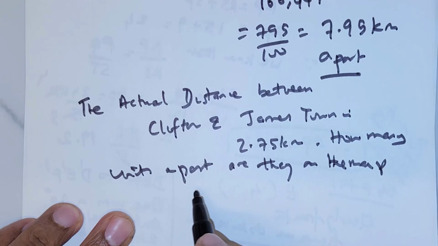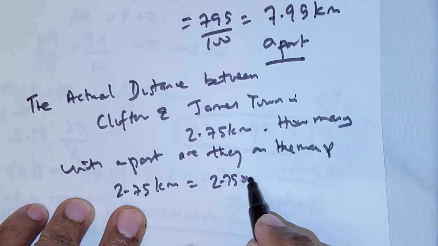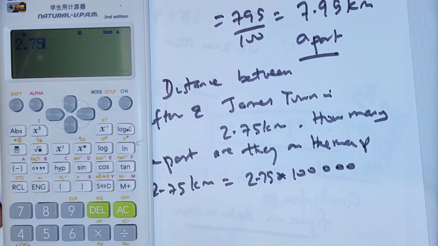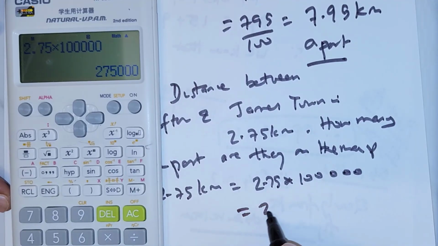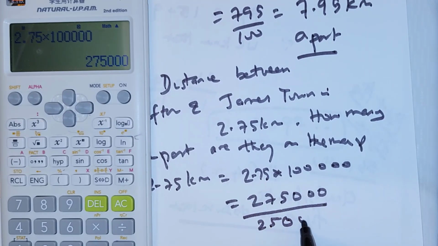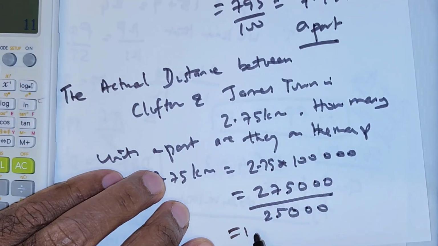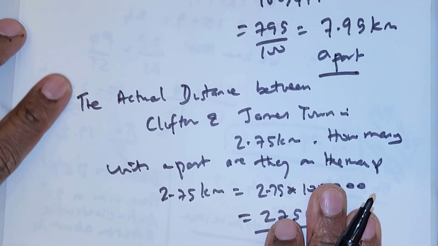Okay, so 2.75 km you convert into cm: 2.75 times 100,000. So that's 275,000. You divide this by 2500. What do you get? You get 110 cm. So this is the solution for this question.